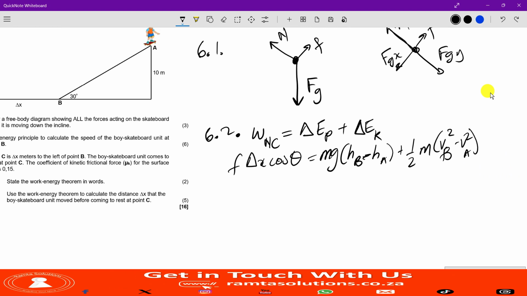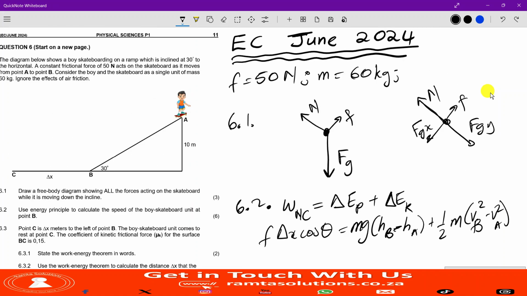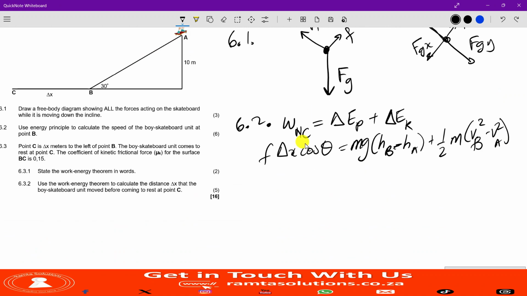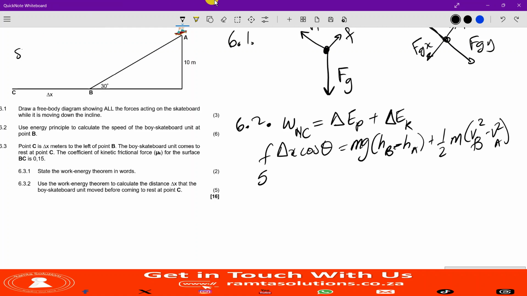Now, let's see. Our frictional force is 50 newtons. What is the displacement? It is not given, but we can see that this side is the opposite and this is the hypotenuse.